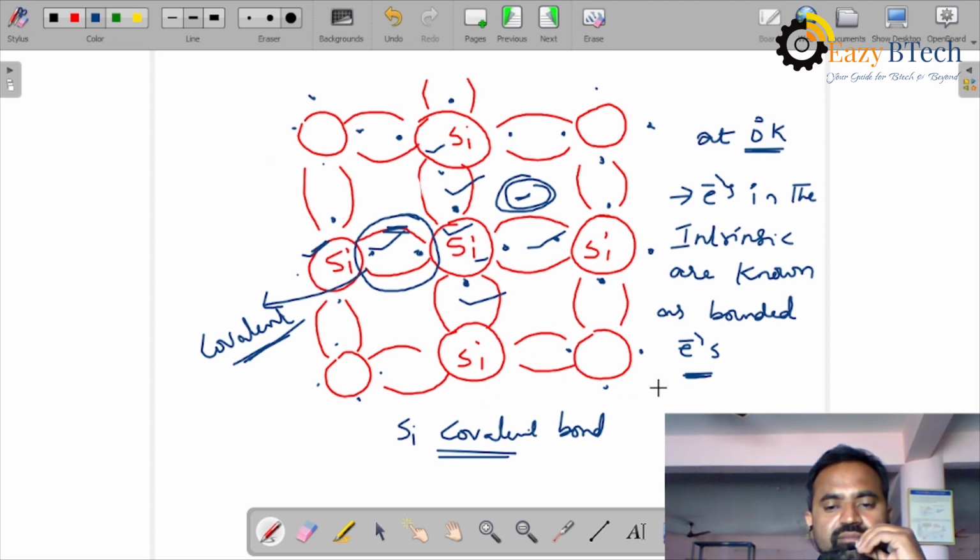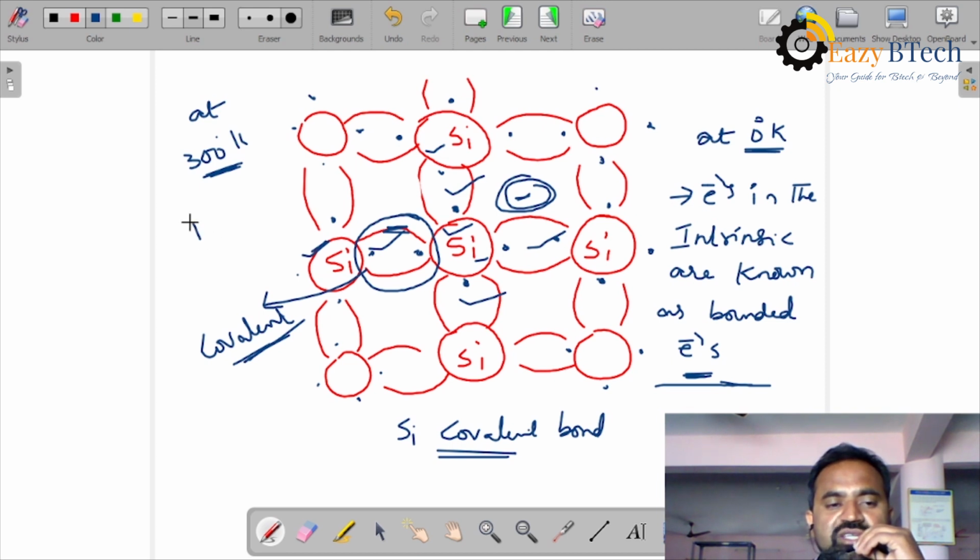But conductivity of an intrinsic semiconductor can exist at various temperatures. At 300 Kelvin, at room temperature, what happens?